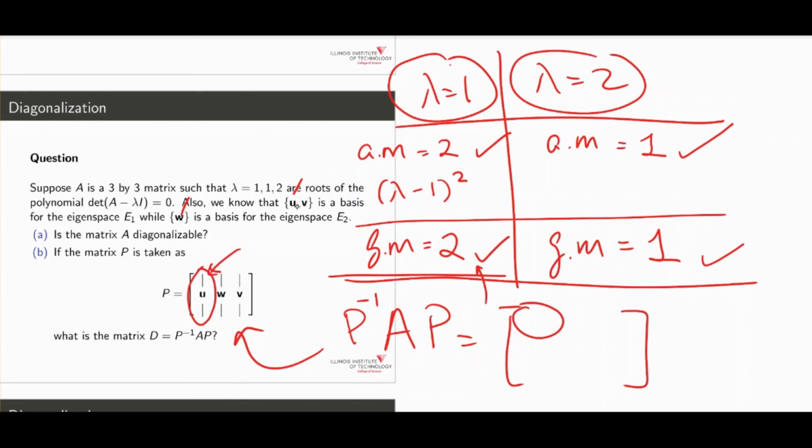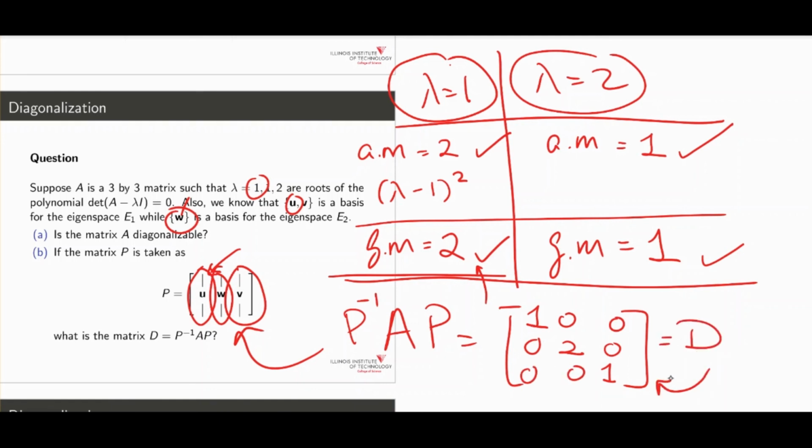U is an eigenvector for lambda equals 1, so you have a 1 here. W is an eigenvector for lambda equals 2, so you have a 2 here. And V is an eigenvector for lambda equals 1, so you have a 1 here. So your matrix A is diagonalizable, and D is this matrix, if P is chosen like this.